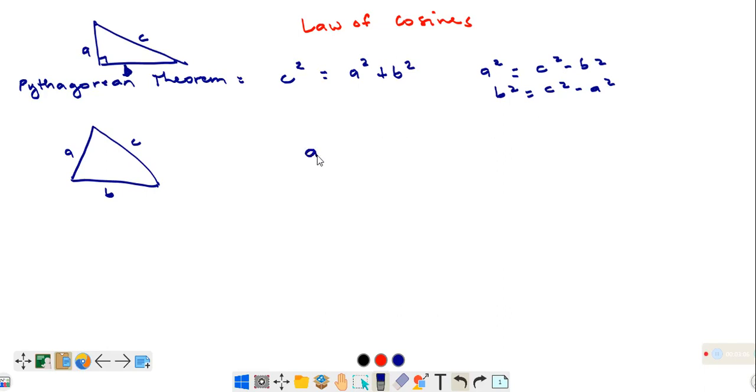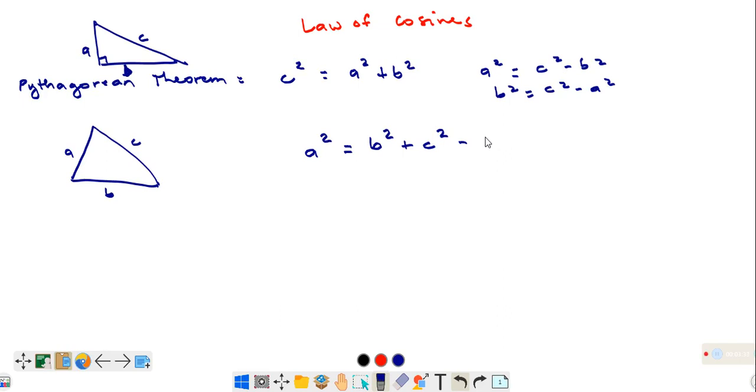So, if you are looking for the value of A, you can say na ang nawawala ay si side A. So, A squared is equal to the sum of the squares of the two other sides. We have B and C. So, equal siya sa sum ng B squared at saka C squared.